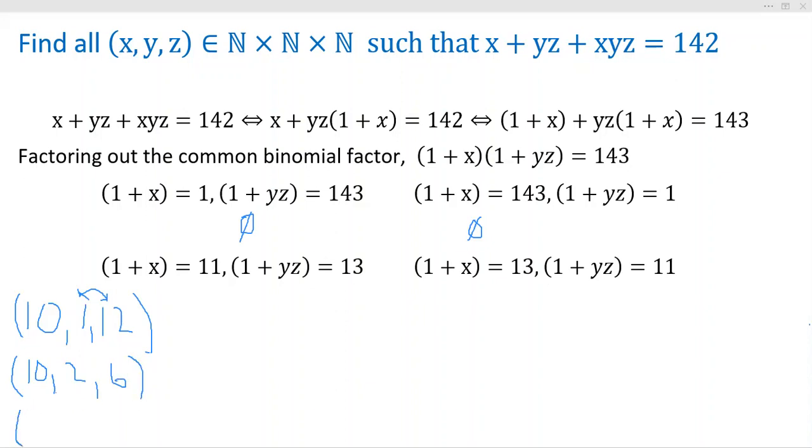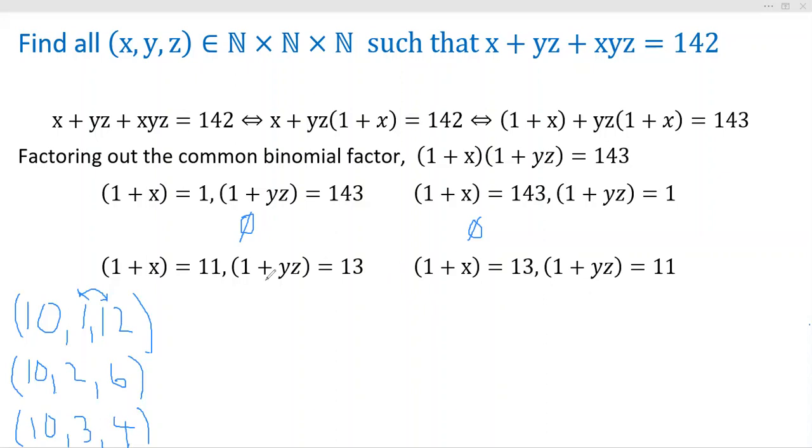So we have 10, 3, and 4 for the x, y, and z coordinates. Again, I'm doing this by inspection because the calculations are pretty easy right here. 3 times 4 would give us a 12 right here. 2 times 6 would give us a 12 right here. And of course, 1 times 12 would give us a 12. And there are actually 6 solutions here. The y's and z's can be transposed.